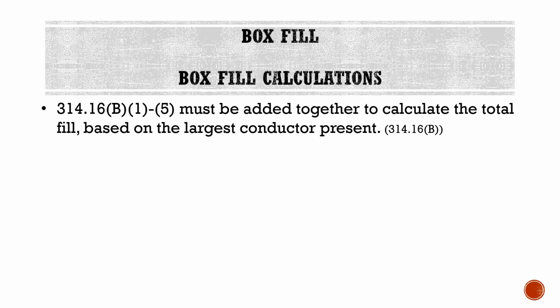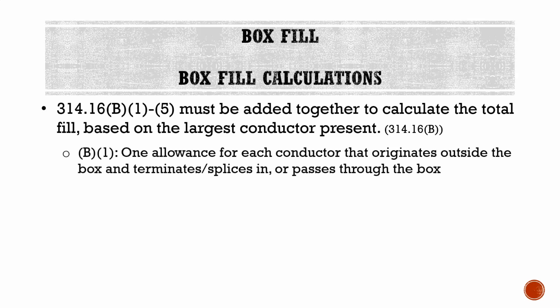We have to work through all 5 of those steps and add them all together to figure out how much stuff we have going in this box. Once we have that final number, we're going to size that based on the largest conductor in the box. And this will become a little bit more clear as we work through the steps.